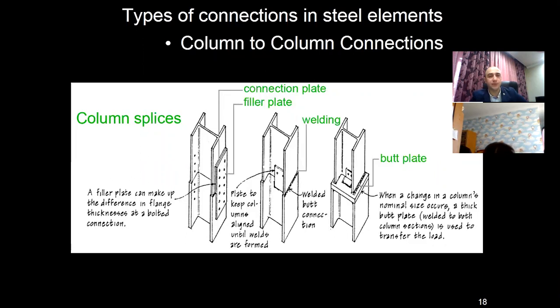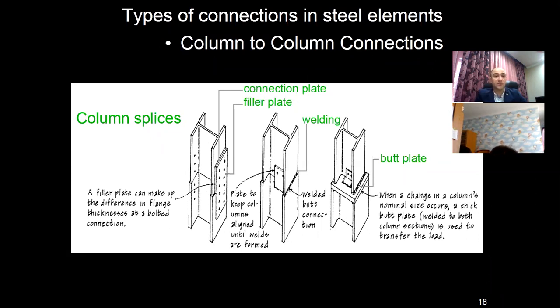Column to column connections. Column to column connections are often called column splices, and they are very common in steel structures. In order to avoid interference with beam to column connections, as shown on the screen, the column splice is raised higher.